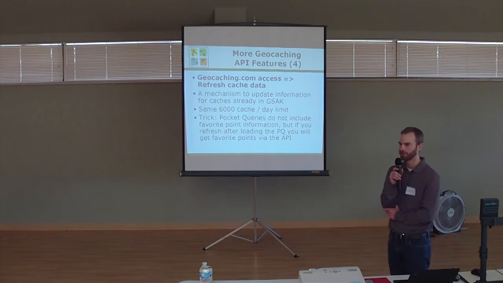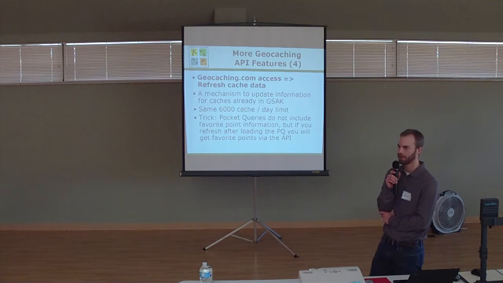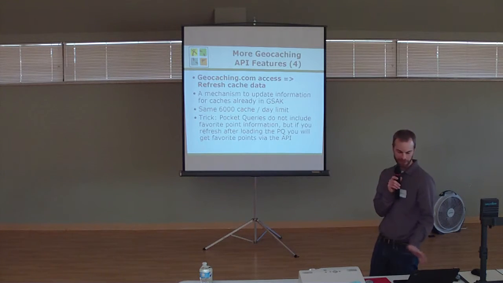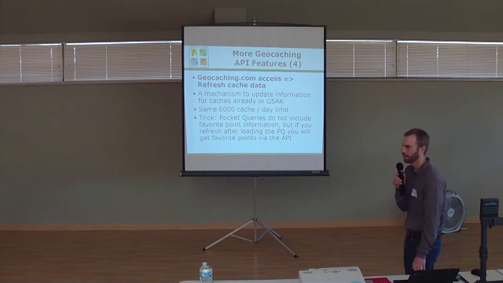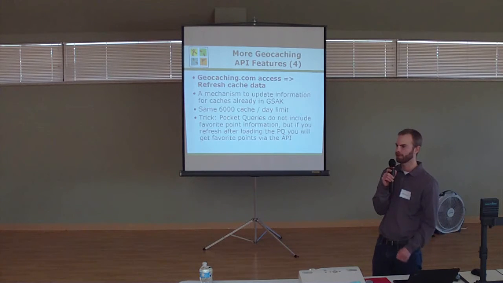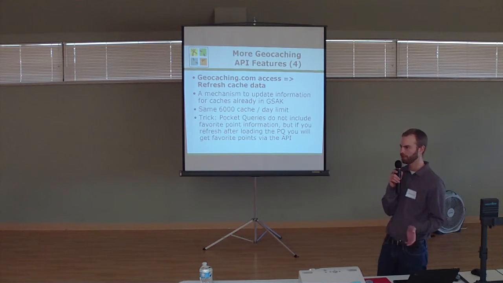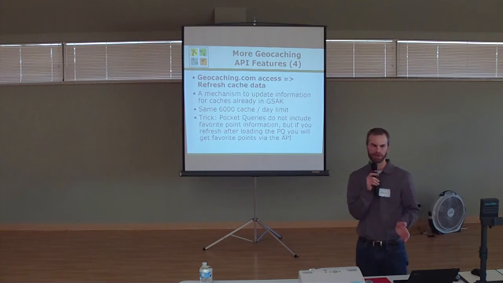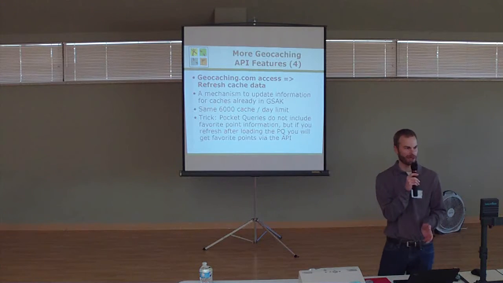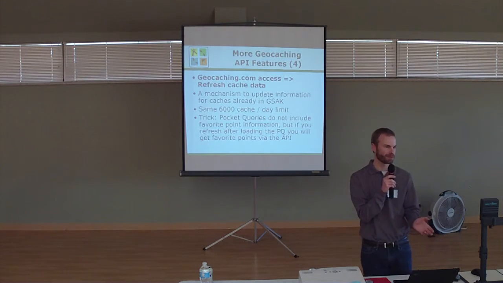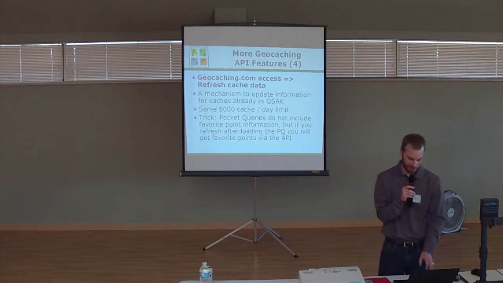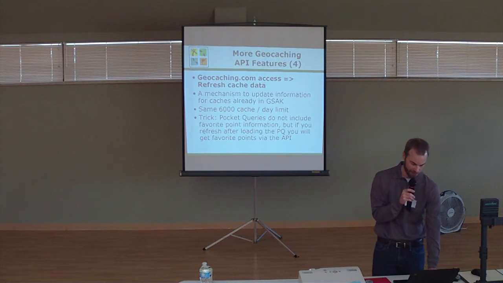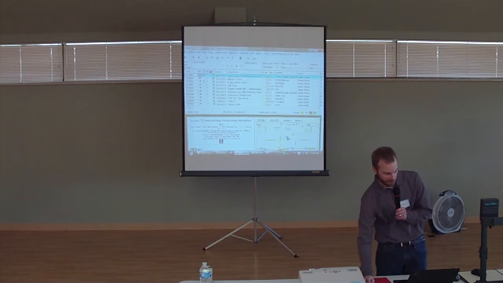Another thing the API can do is let you refresh the data for caches that are already in GSAK. Let's say you created a pocket query and loaded GSAK a month ago, but now you're going to come back to Greenfield. You want to do the same caches, but you want to see if maybe there are new logs, maybe one has gone missing. Using basically the same mechanism of contacting the server, it will update all of the items.